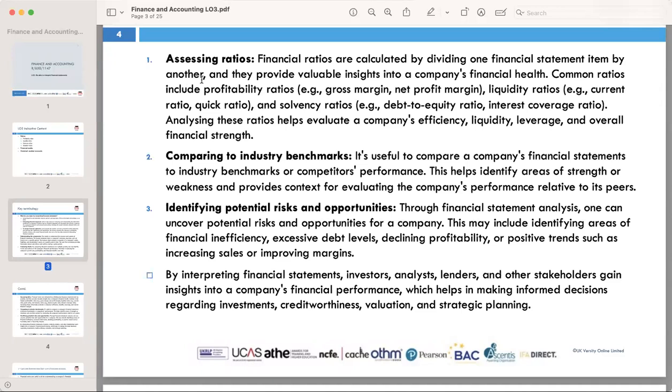This comparison allows us to identify areas of strength or weakness and provides context for evaluating the company's performance relative to its peers. It helps us gauge whether the company is performing better or worse compared to others in the same industry.